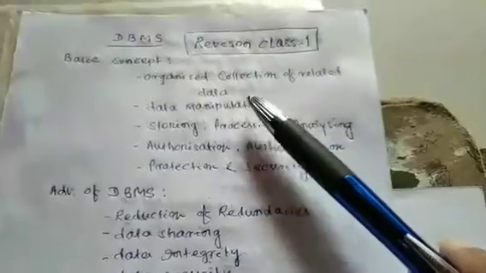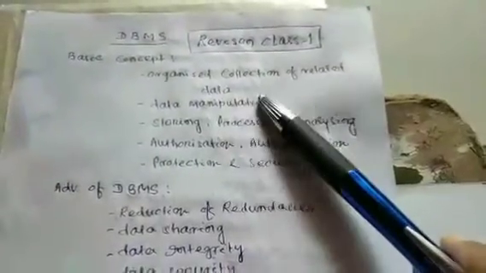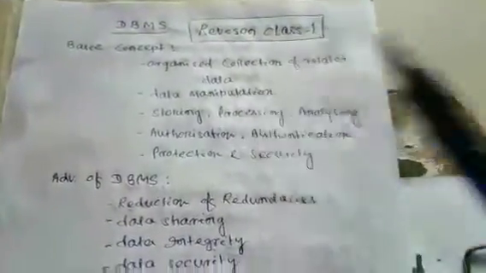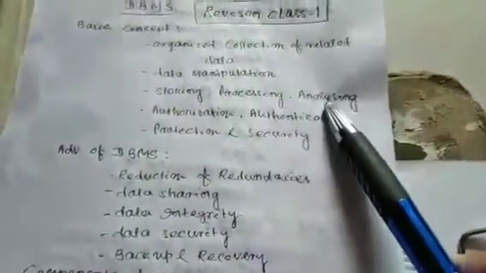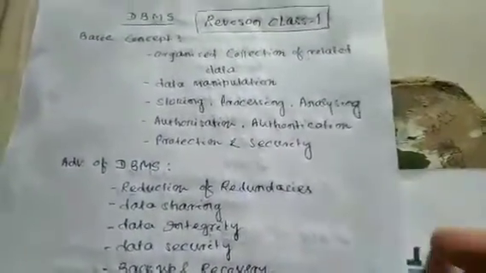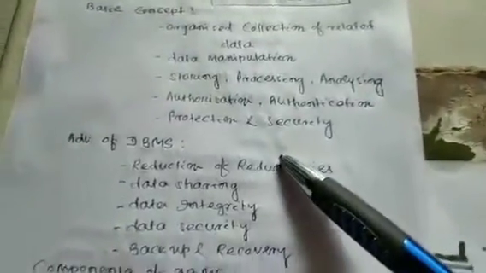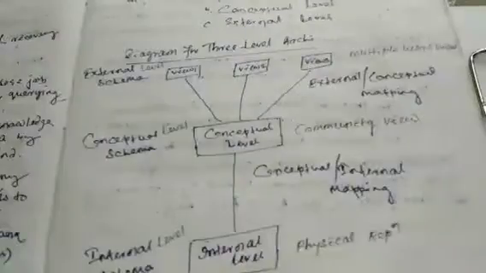Data manipulation means all database operations like insertion, deletion, updation or modification. Data is required to be processed and stored in computer memory. For this we use all these things, and storing, processing and analyzing the data in the database system is also required.